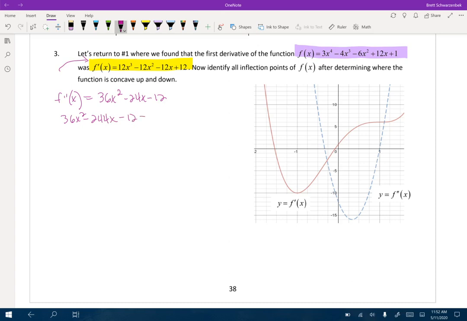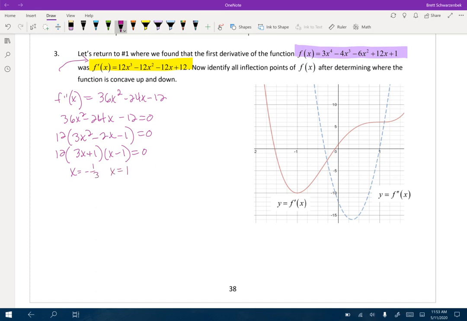The GCF is 12, so we're going to get 3x squared minus 2x minus 1. And we can factor this. When we factor, we're going to get 3x plus 1 times x minus 1, which is going to give us x equals negative 1/3, and x equals 1 when we set them both equal to 0.